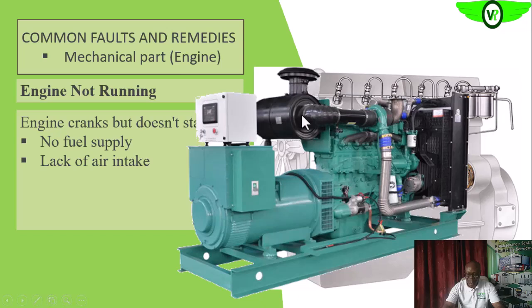So this is the air filter housing, let me put it like that. If the air filter is plugged or anything is preventing air from getting into the air filter housing, that can cause limited air going in. Then in this kind of arrangement where we have a turbocharger, if the turbocharger is faulty, the compressor section is faulty, that means it will not be delivering enough air into the combustion chamber.